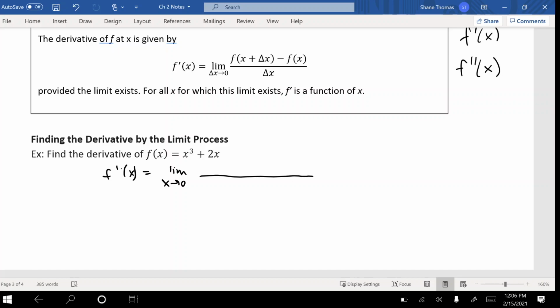So on top, I put x plus delta x in for x: x plus delta x, cubed, plus 2 times x plus delta x, minus my function, which is x to the third plus 2x, and then it all goes over delta x.